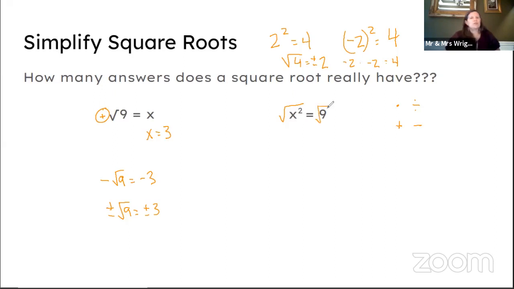Remember, we have to do it to both sides. We're the ones that introduced the radical in this situation, so we don't actually know which one is the correct answer, whether it's 3 or negative 3. So our answer has to indicate both: x equals positive or negative 3.